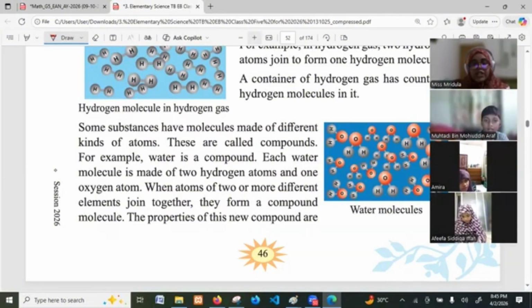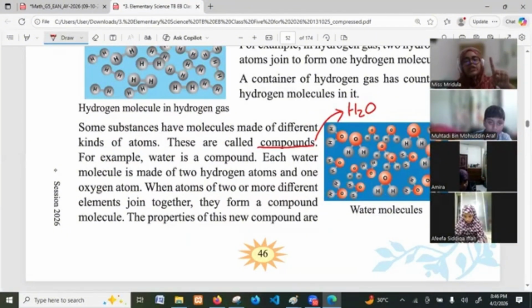So they are not elements anymore, and they are not atoms anymore as well. Some substances have molecules made of different kinds of atoms. These are called compounds. So H2O, is it an element or a compound? Compound. It's a compound. So we learned elements, we learned compounds. Elements have only one type of atom, and compounds have multiple types of atoms together.